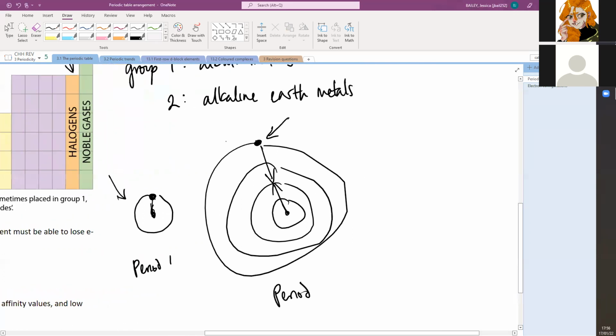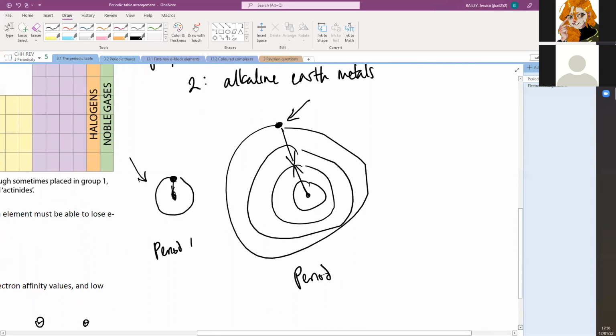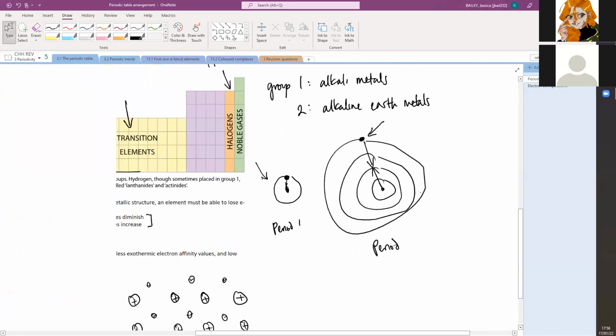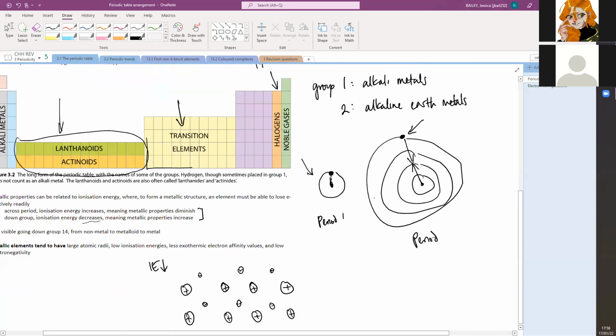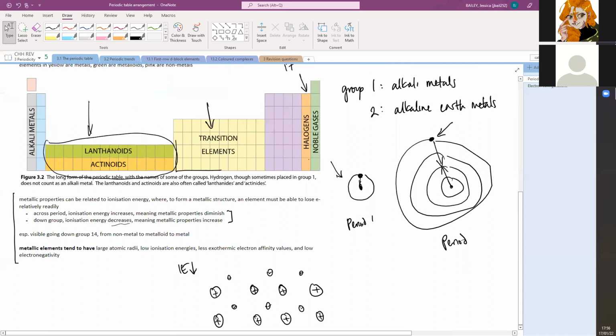So remember, the further apart your electron and your nucleus are, the easier it is to remove it. And hence, if it's easier to remove, that means that my ionization energy is technically lower. And so if it's lower, that means that it's easier to have metallic properties, and hence your metallic properties increase as you go down a group.